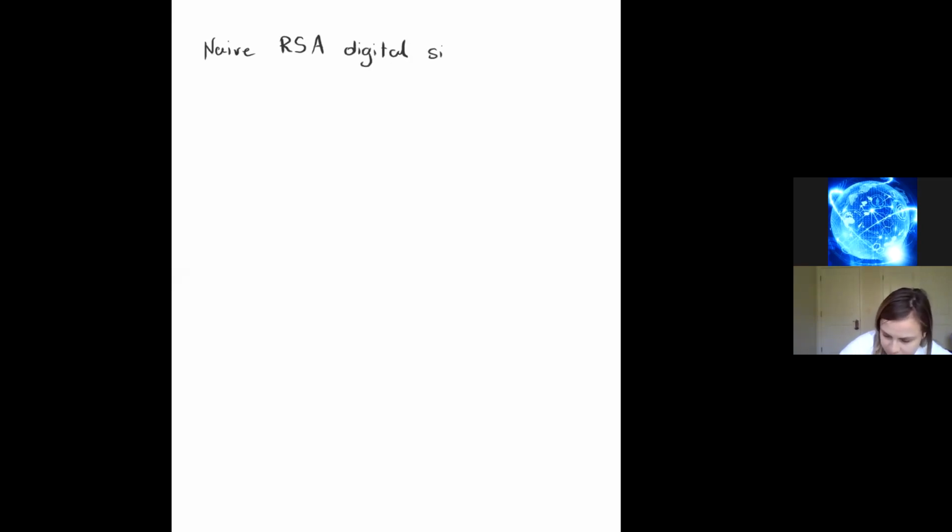So what do we have? We have a private key and we have a public key. Our private key is D, and the public key is the pair of numbers E and N.